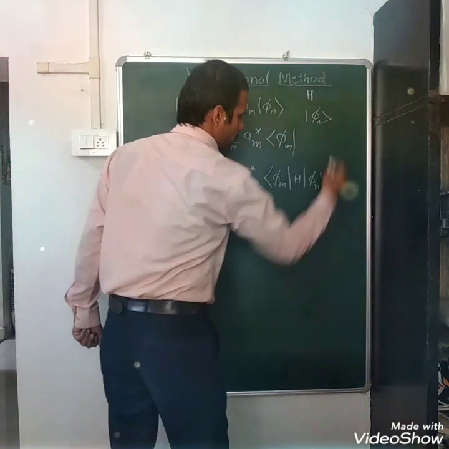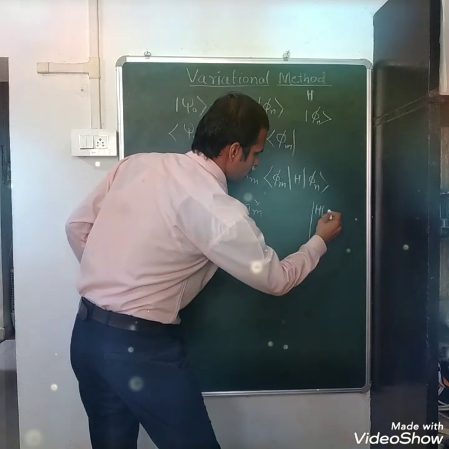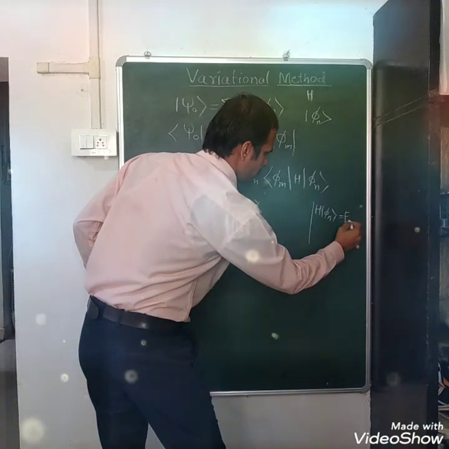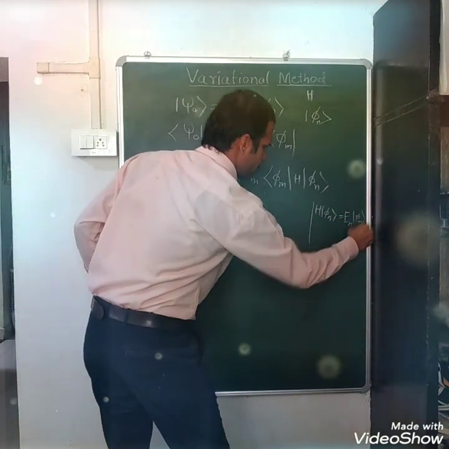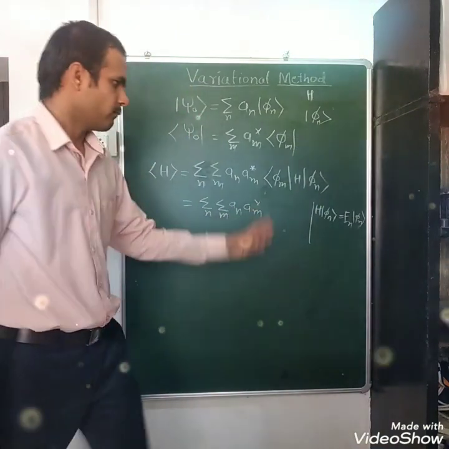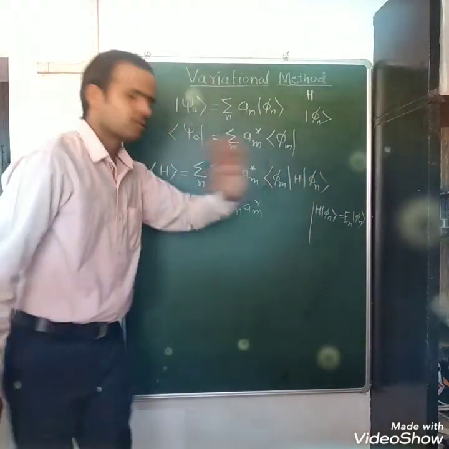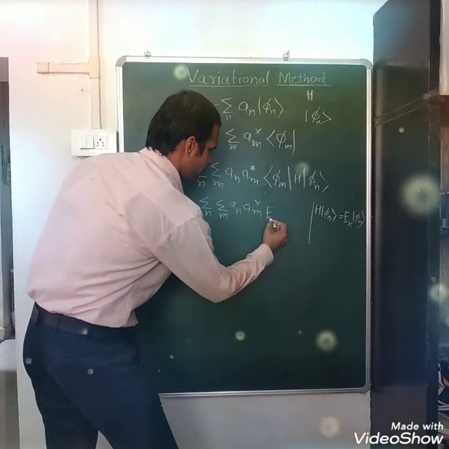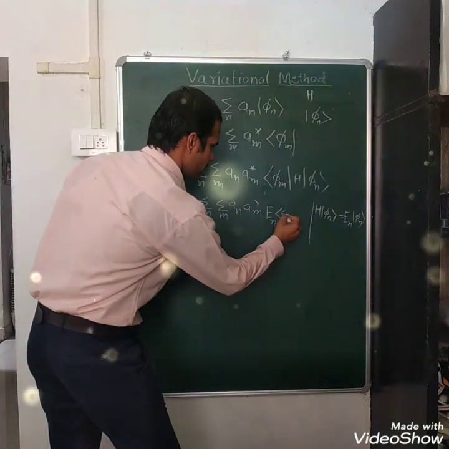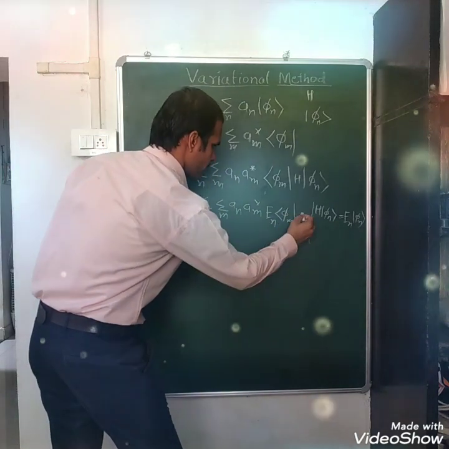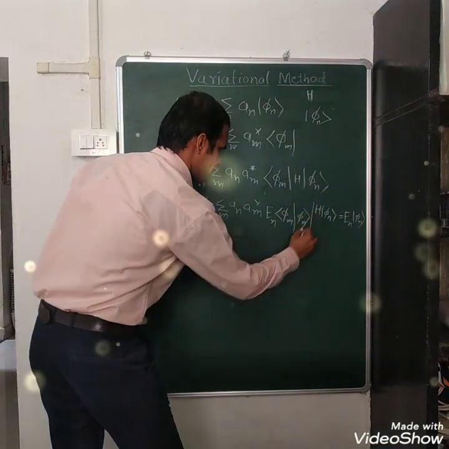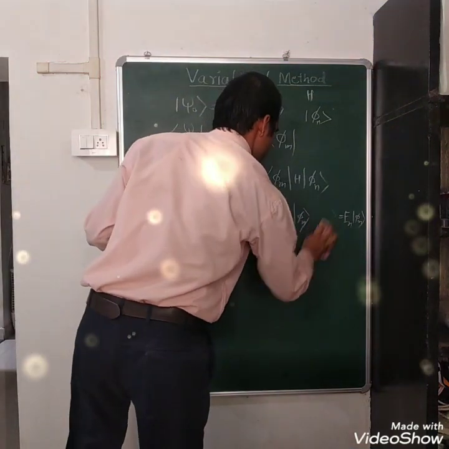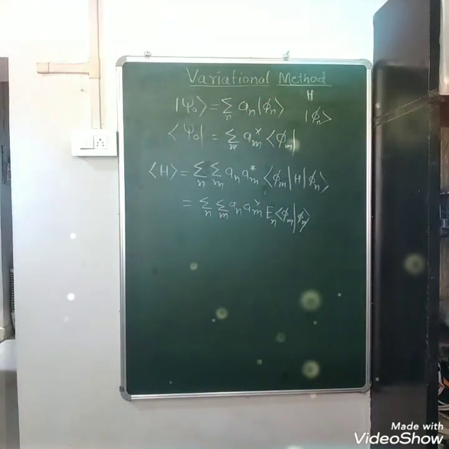We already know that H phi n is equal to E n phi n. This is the condition when phi is the eigenket of H. Using this, we can write E n, bra phi m, ket phi n.